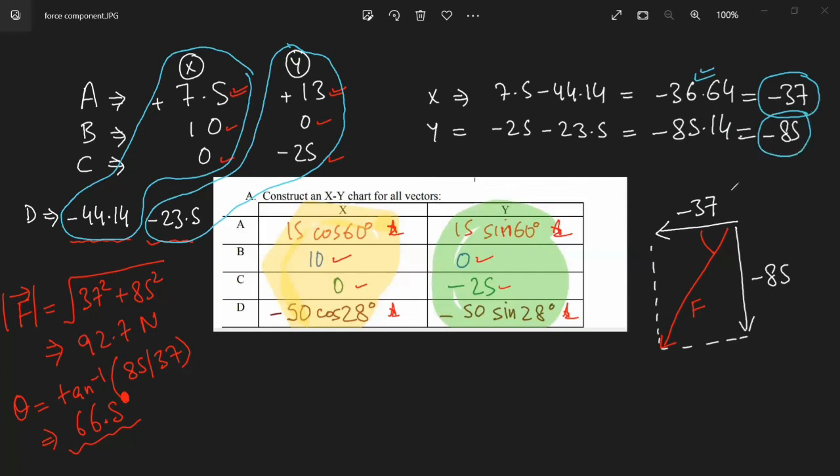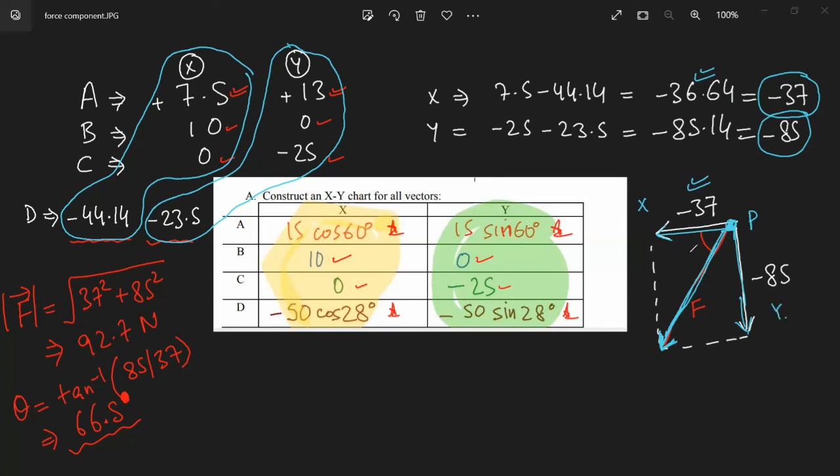This is the final resultant force vector of the four forces which were acting on point P. One is minus 37 Newton in the left direction, this is the x component, and minus 85 which is acting in the negative y axis.